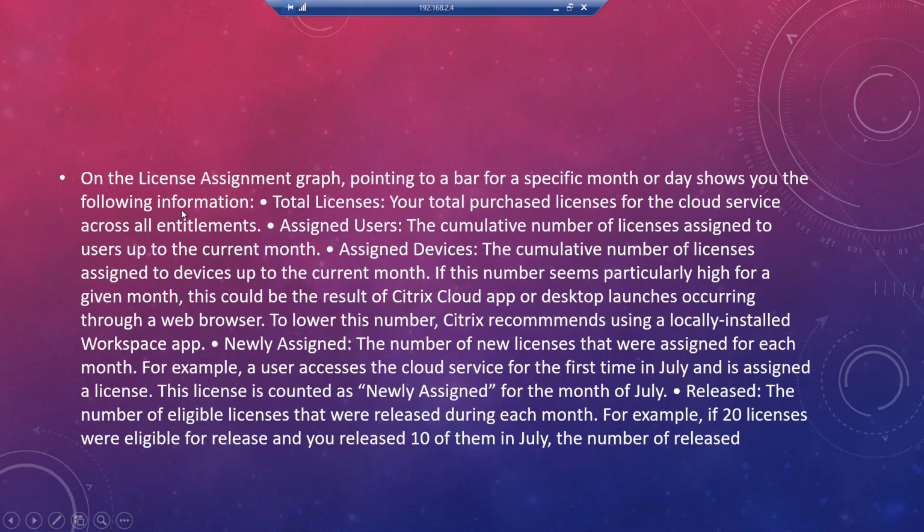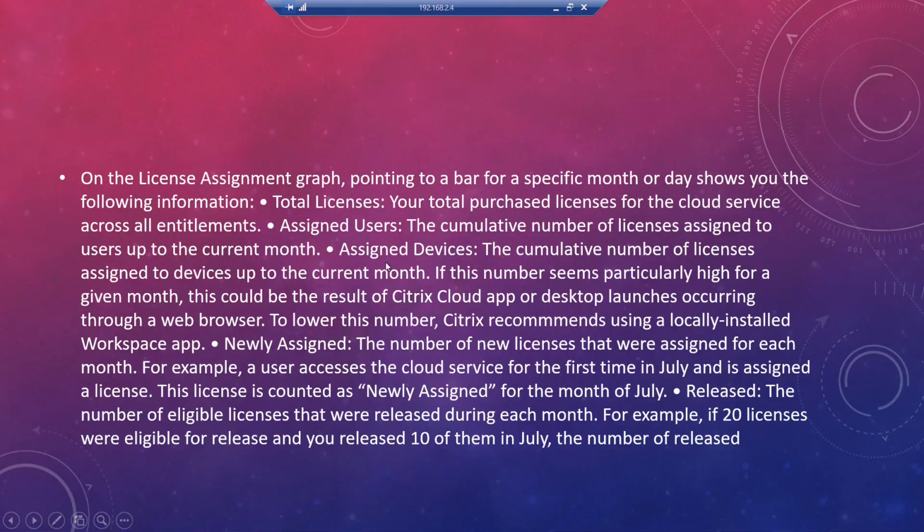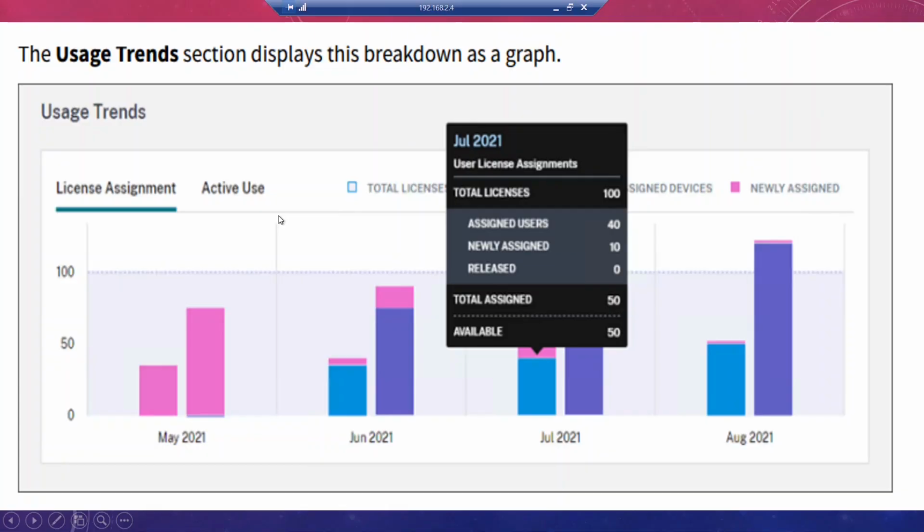Okay. On the license assignment graph. So this is the license assignment graph. Pointing to a bar for a specific month or day shows you the following information. So if you see here, this is for the month of July. So we would like to find out the license usage for the month of July.